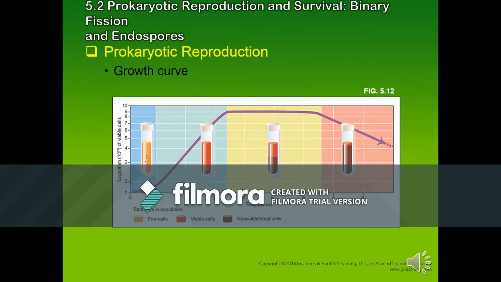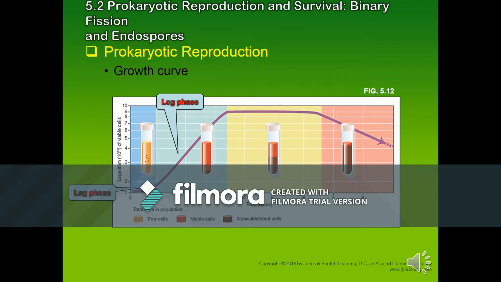Okay, so like we said before, the reproduction is in four stages. The very first part is the lag, and in the lag period there is very minimal increase in the number of cells, but on this graph it looks like there's basically nothing.